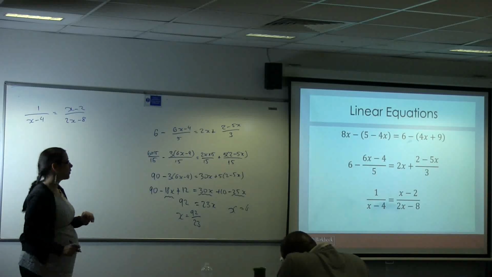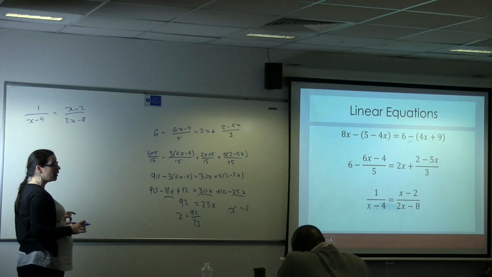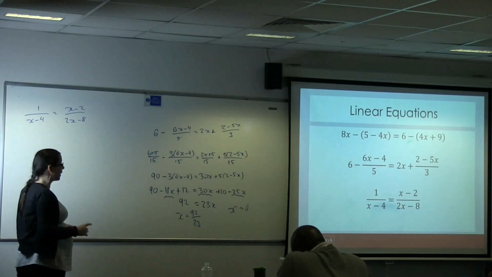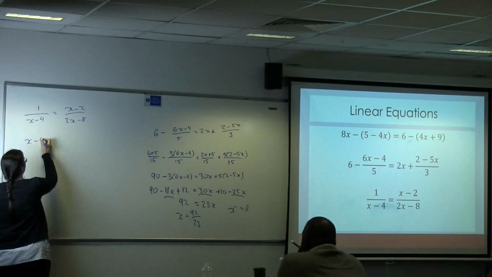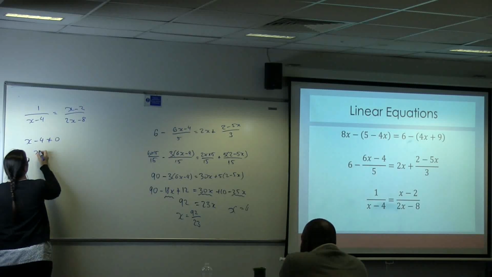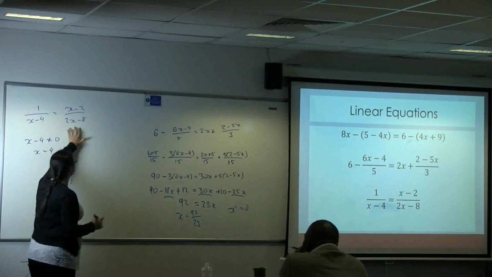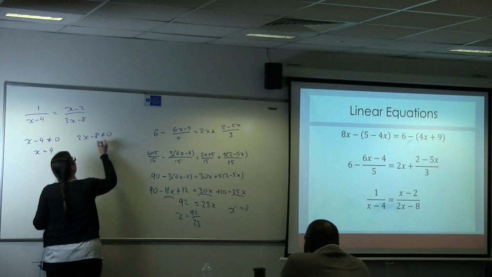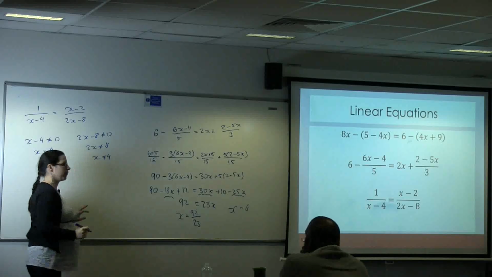So what I need to start with, making sure that neither of the denominators takes the value of 0, because then that's an invalid operation in mathematics, so my solution would not be complete, so I wouldn't have a solution. So x minus 4 cannot be equal to 0, that means x cannot be equal to 4. And if I look at this denominator, 2x minus 8 cannot be equal to 0, so 2x cannot be equal to 8, so x cannot be equal to 4.